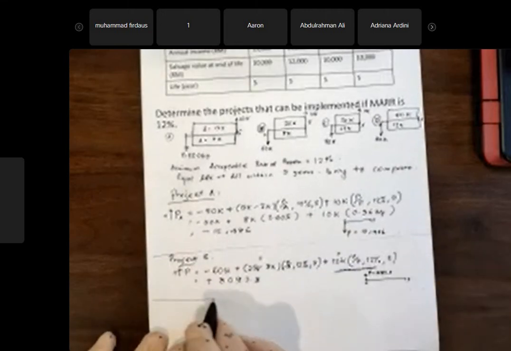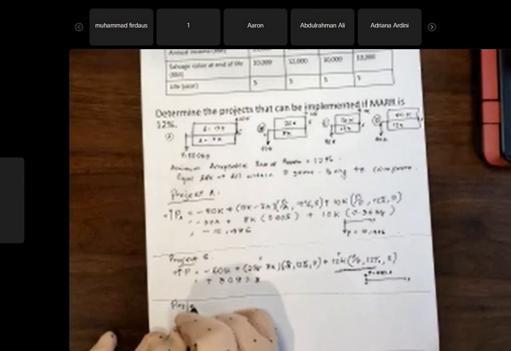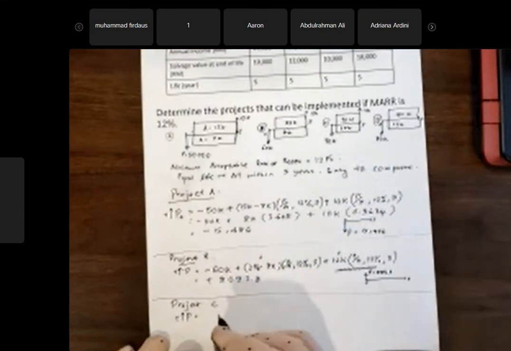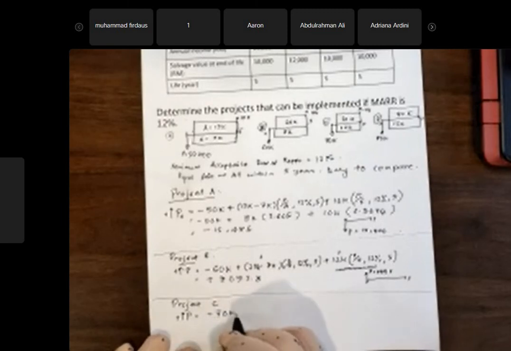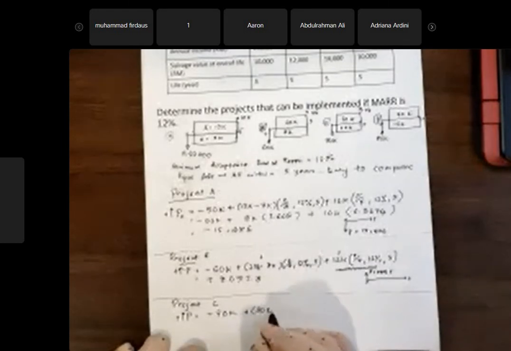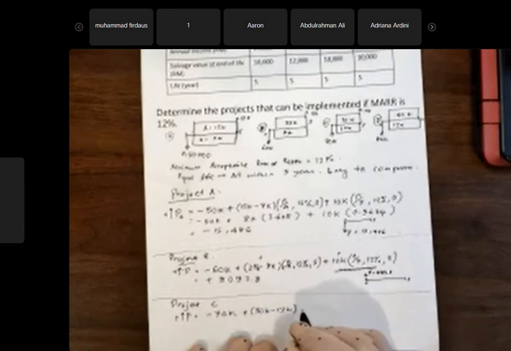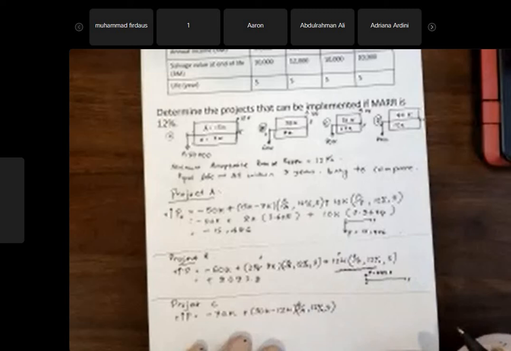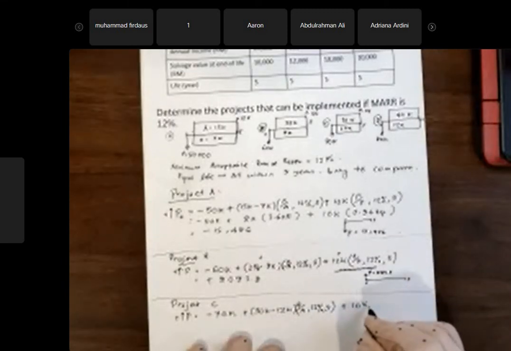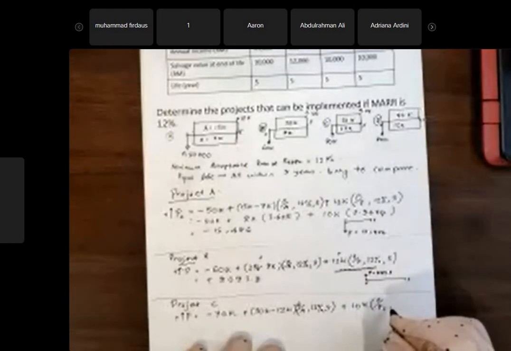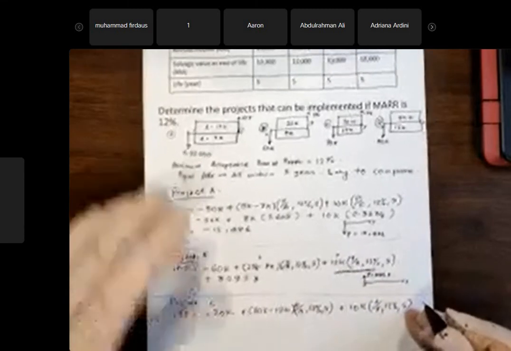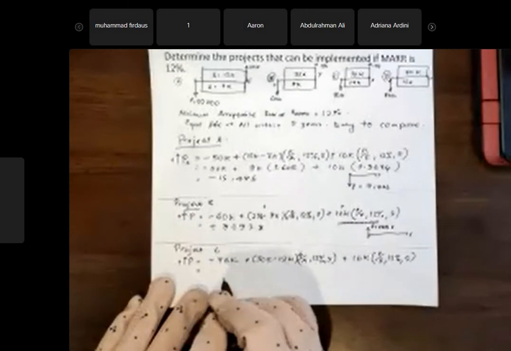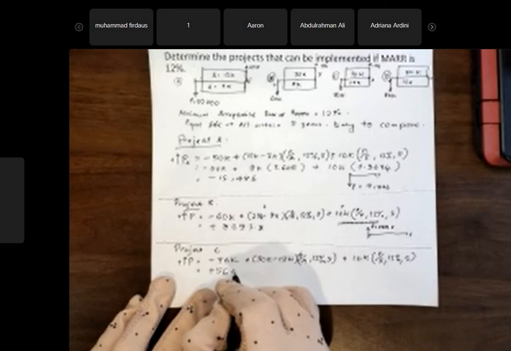Now we go to project C. Do you want to try project C? Okay, the answer is plus 564.